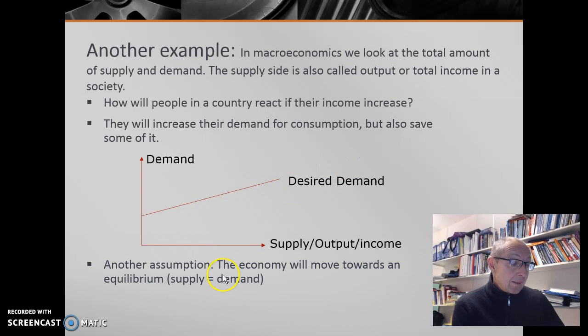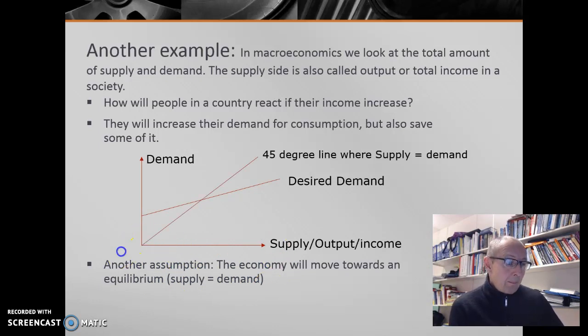And then we add another assumption. The economy will move towards an equilibrium. Supply equals demand. How do we introduce this into the model? We do so by introducing a 45-degree line from origin here, where supply equals demand.